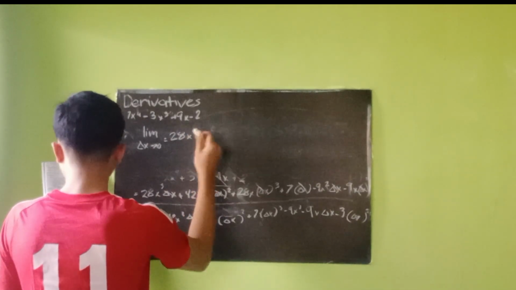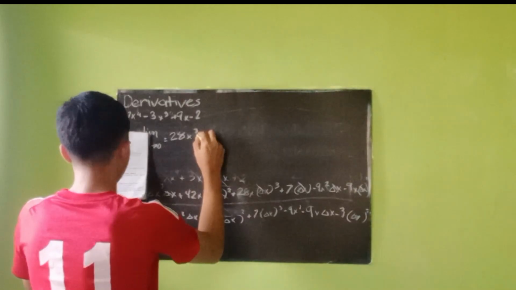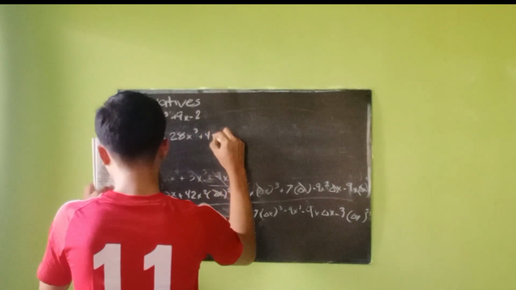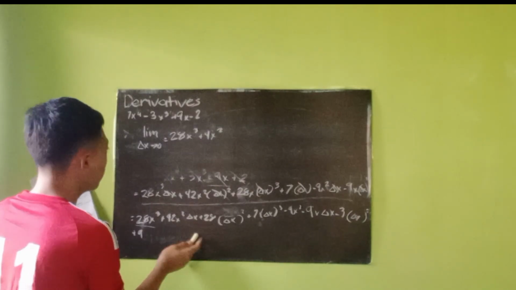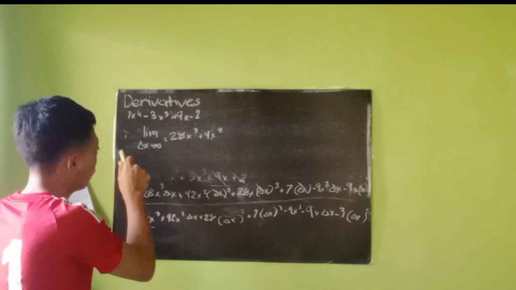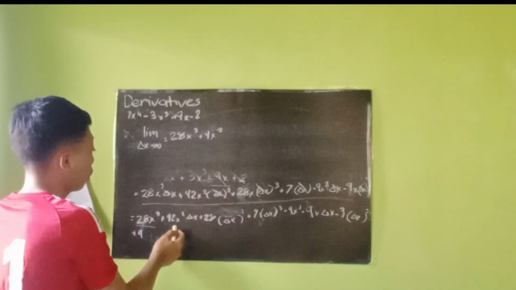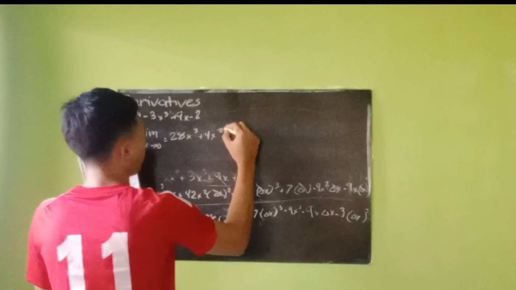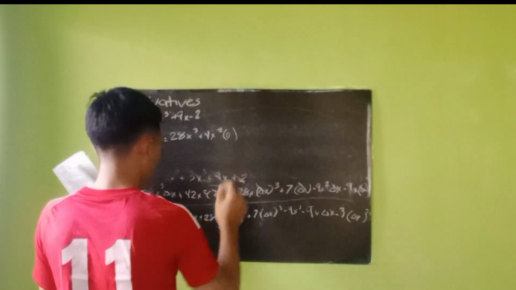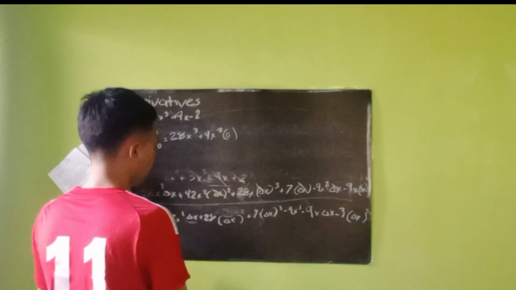And then after that, we have 42x squared. Now this one, on the other hand, belongs to the limit itself, given below, so we'll have to substitute it with 0.